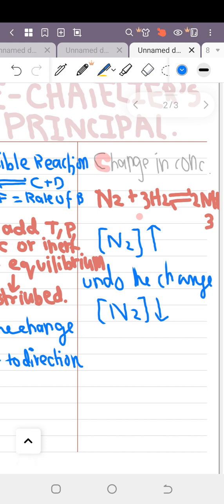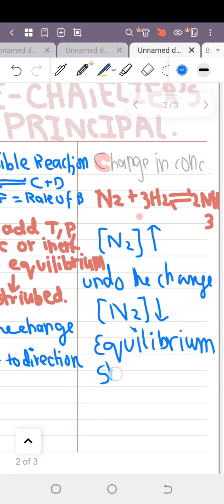So in this case, if the concentration is higher, the equilibrium will shift towards the forward side. Remember, you have to learn this: equilibrium shifts to the forward side.